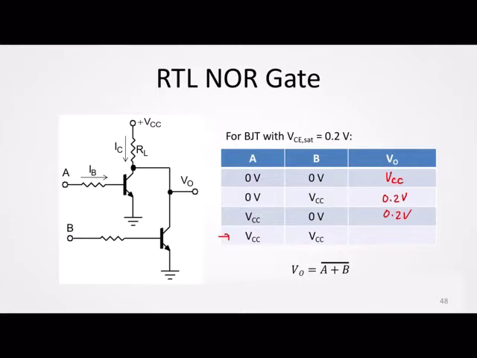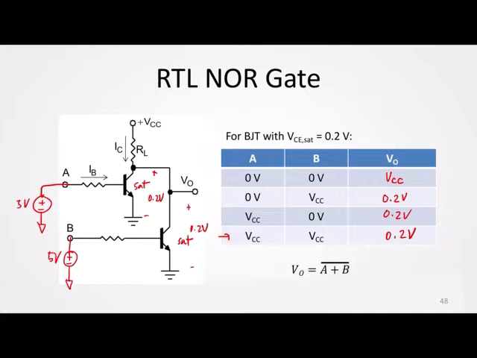Now, if you look at the last case, both inputs are 5 volts, so both transistors will be in saturation. Both transistors would have 0.2 volts across them, so V out would still be equal to 0.2 volts. Nothing is violated there because the two 0.2 volt drops are in parallel across the two BJTs.